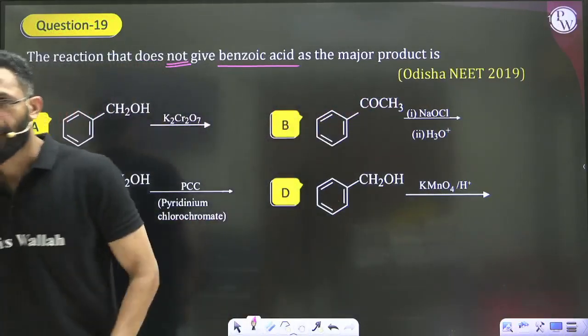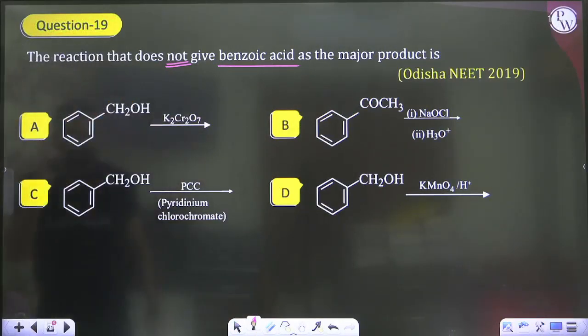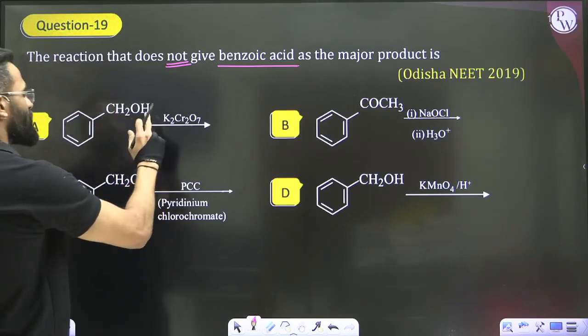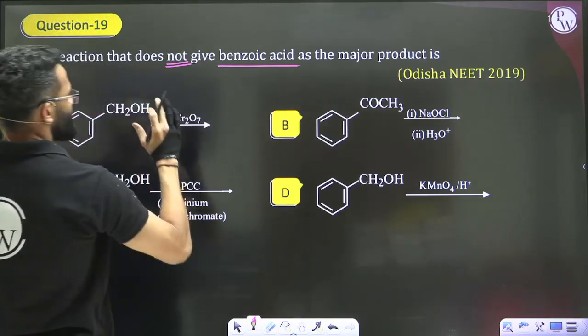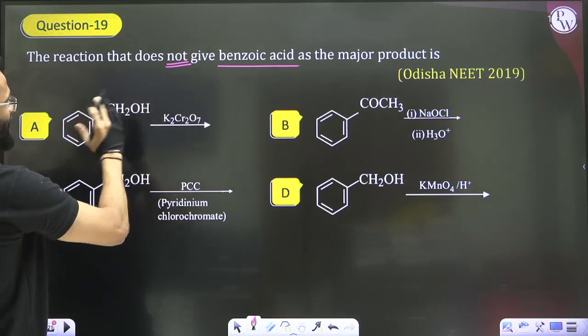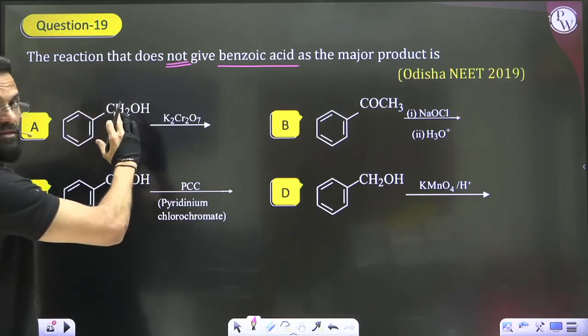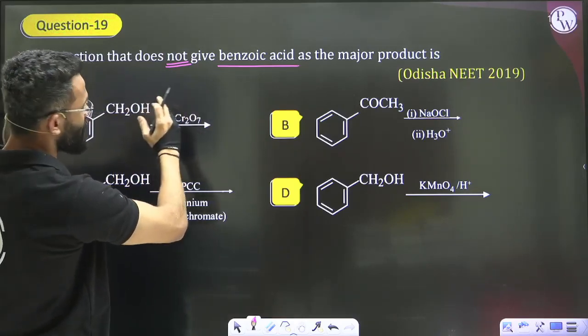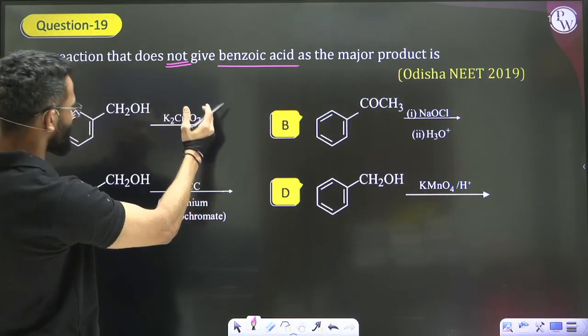Well, the first reaction that they say, looking at the reagent, is benzyl alcohol upon reaction with K2Cr2O7. This reaction is a reaction of alkyl benzene with strong oxidizing agents such as acidified dichromate, acidified KMnO4, or even concentrated nitric acid.